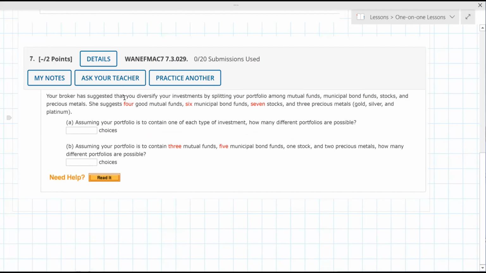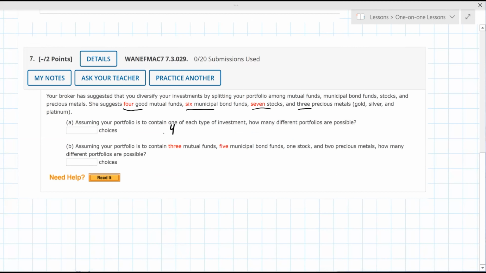All right, so you should see this question 7 says your broker has suggested. Is that what you're seeing? Okay, suggested you diversify your investments by splitting your portfolio among mutual funds, bonds, and so on. 4 gold mutual funds, 6 municipal bonds, 7 stocks, 3 precious metals. If your portfolio contains one of each type of investment, that means you have to choose one of those.